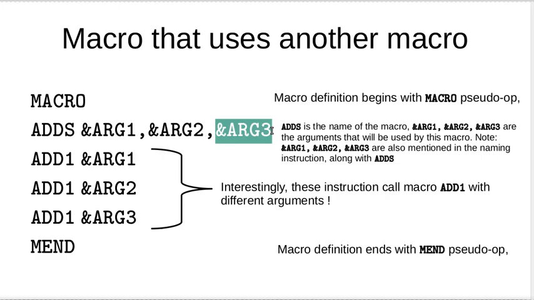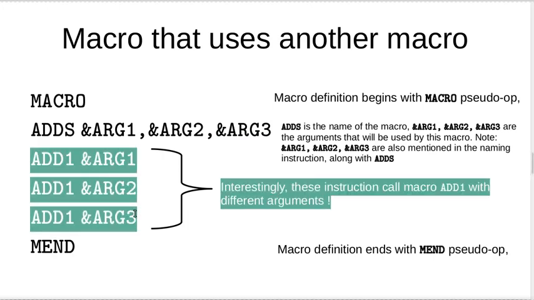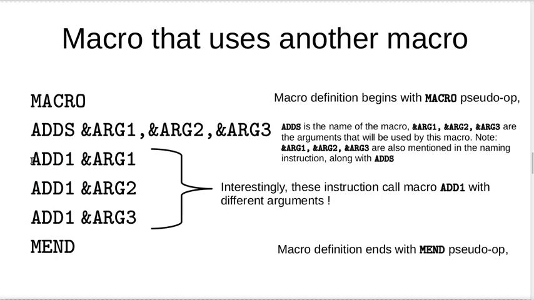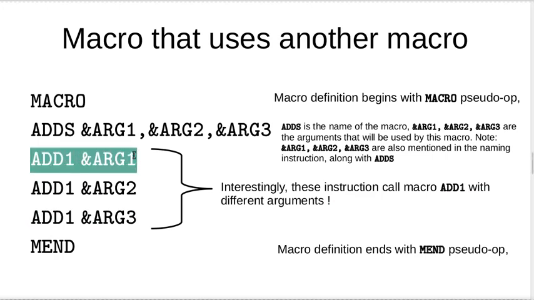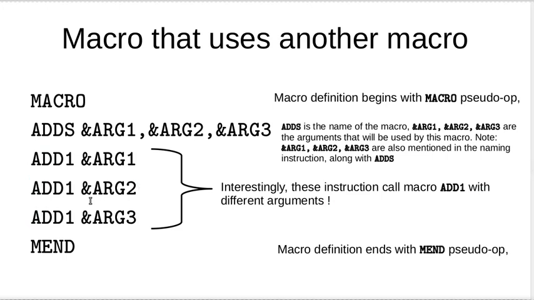Fine. So up till now we can understand that there is a macro by the name of adds, which has three arguments, right? arg1, arg2, arg3. That is completely fine. Okay. Now in the following three instructions, we find something new which we have not gone through before, right? The first instruction is add1 &arg1, the second instruction is add1 &arg2, and the third instruction is add1 &arg3, right?